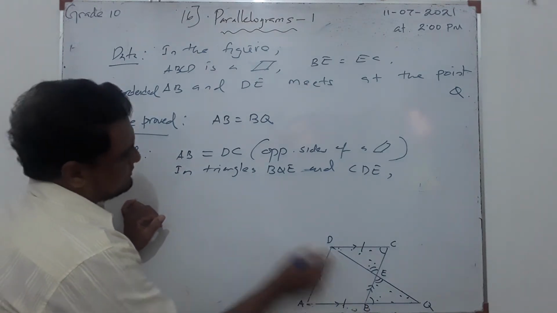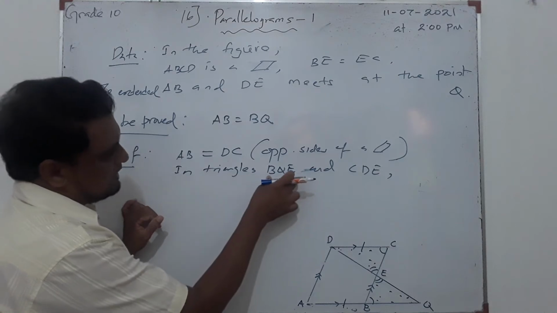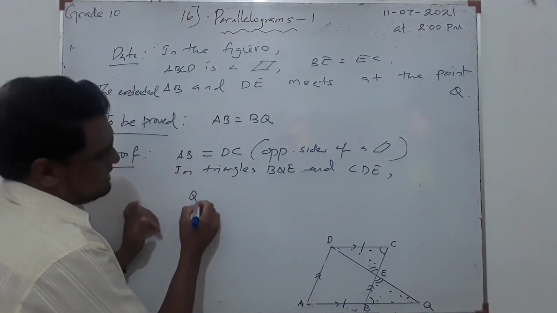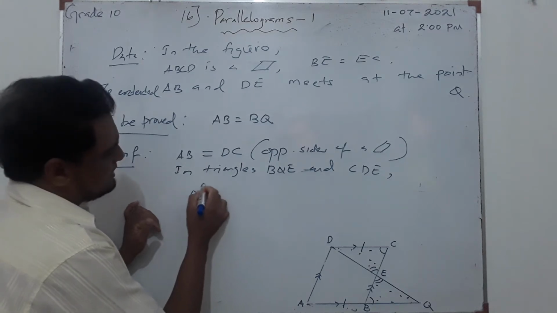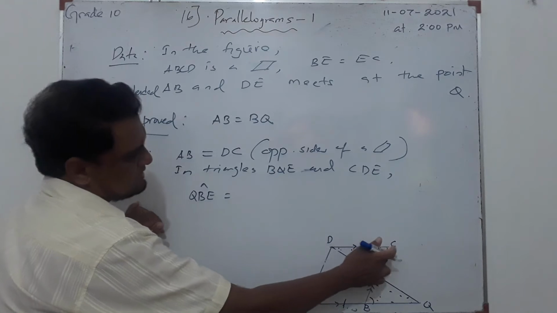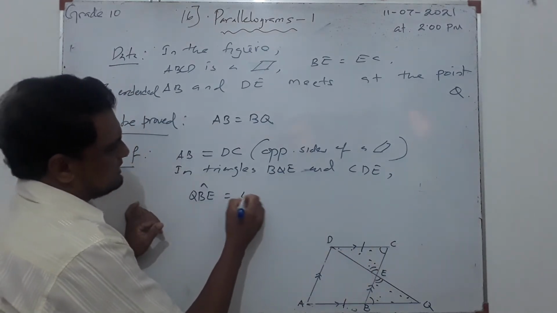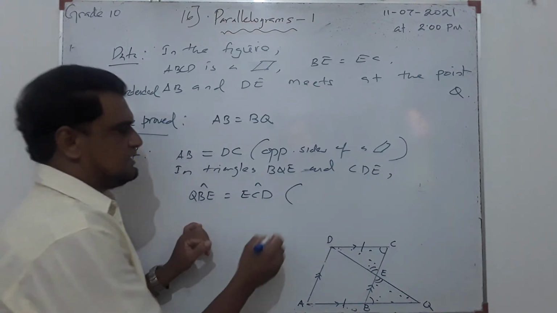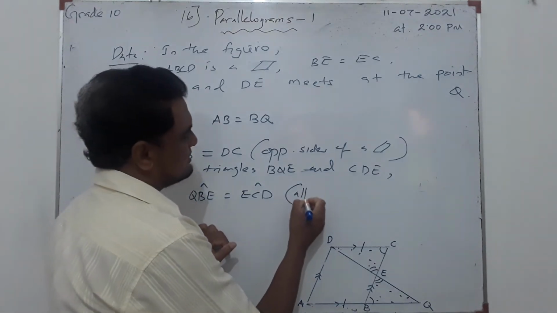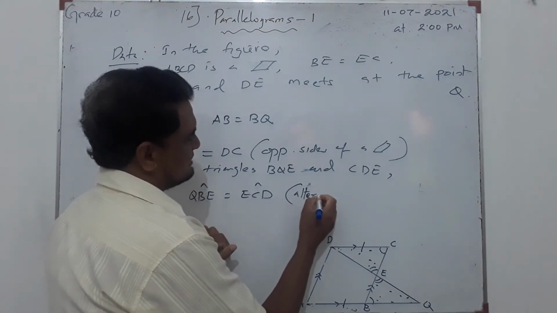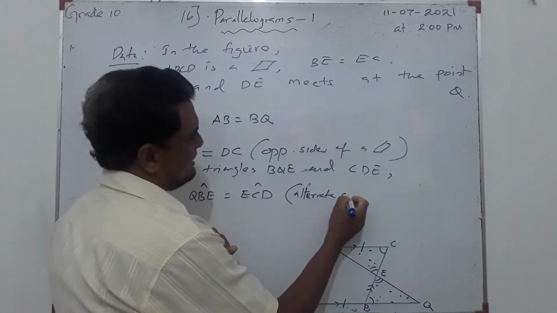If you write here, first of all, we have to think of triangle BQE. In BQE, angle QBE is equal to this angle, angle ECD. What is the reason? Alternate angles.